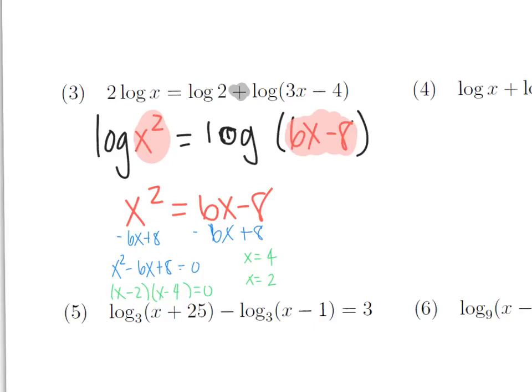Here's a good way to tell if they're extraneous: if you plug them back in and it gives you something negative. So what's 3 times 2? And 6 minus 4 is positive 2. That's important. What's 3 times 4? And 12 minus 4 is 8. They both gave you something positive, didn't they? Then both of them should work.